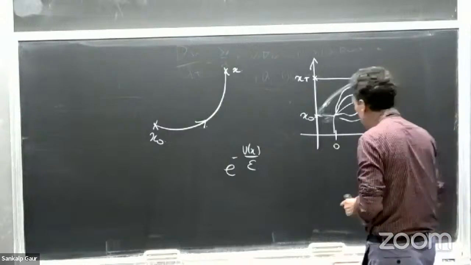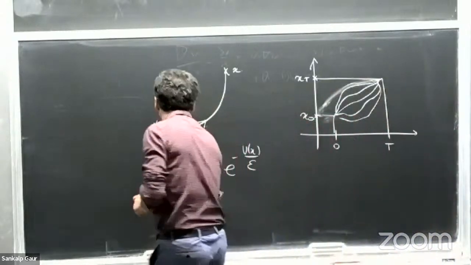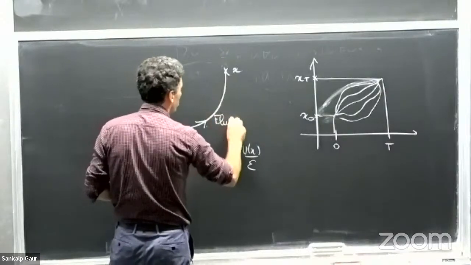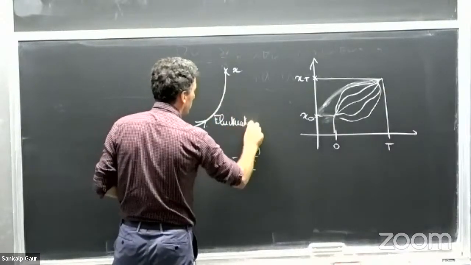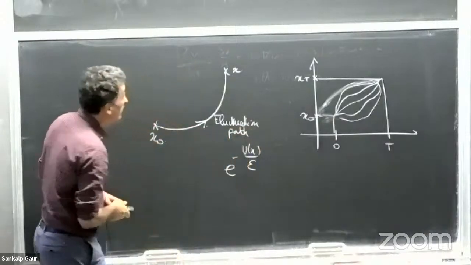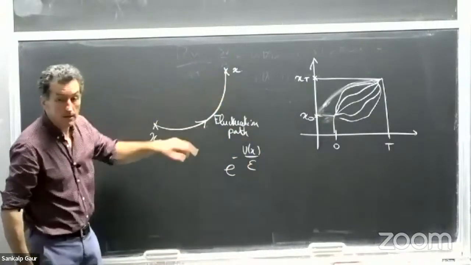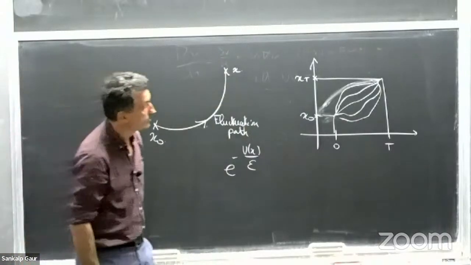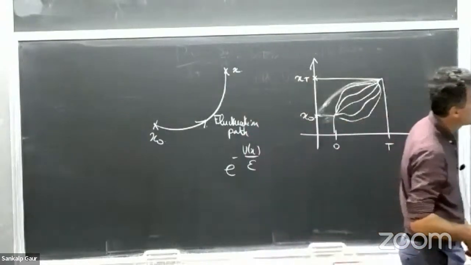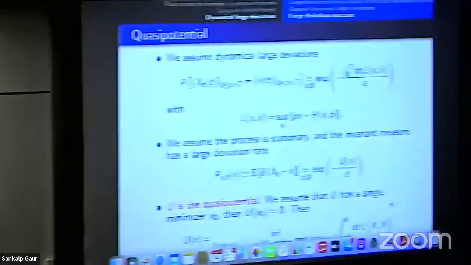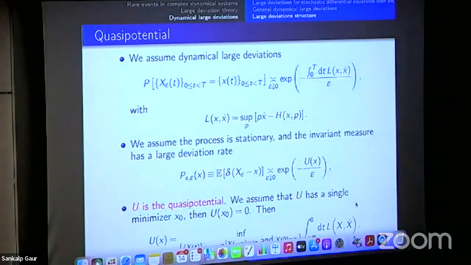And the path that minimizes this action here is called a fluctuation path, because it is the most probable fluctuation that leads you to a state x here, which is anywhere in the phase space. And so it means that if you know L and H, if you know the dynamics, you can compute the quasi-potential this way.